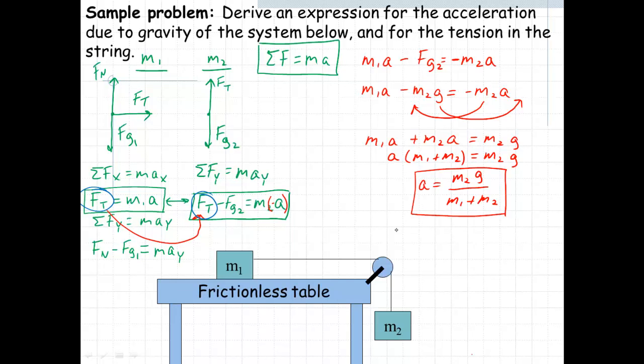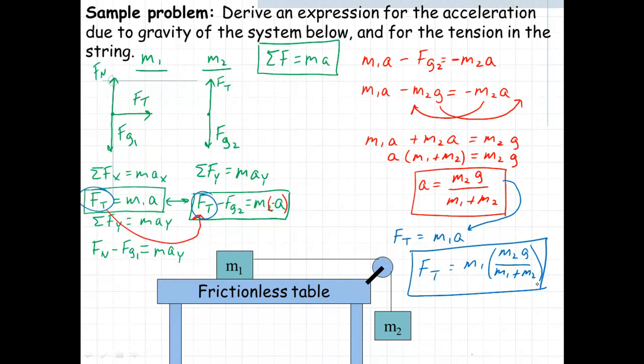In that equation it says Ft is equal to M1 times A. Now I know what the acceleration is, so I'm just going to plug that in, and my equation will be Ft is equal to M1 times M2G all over M1 plus M2. And that will be my equation for the force of tension.